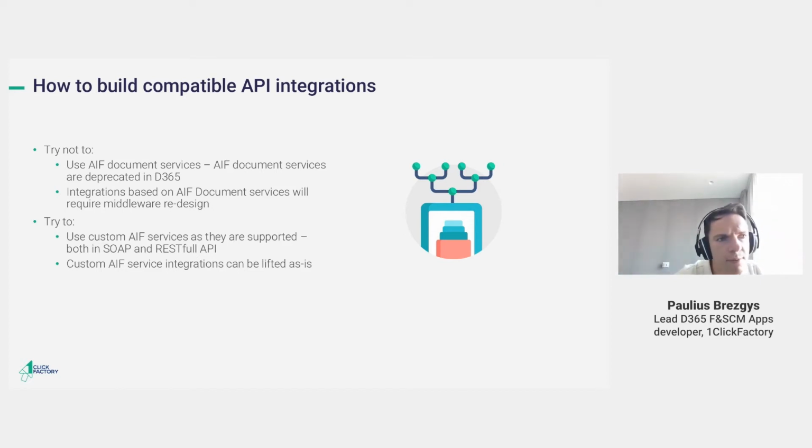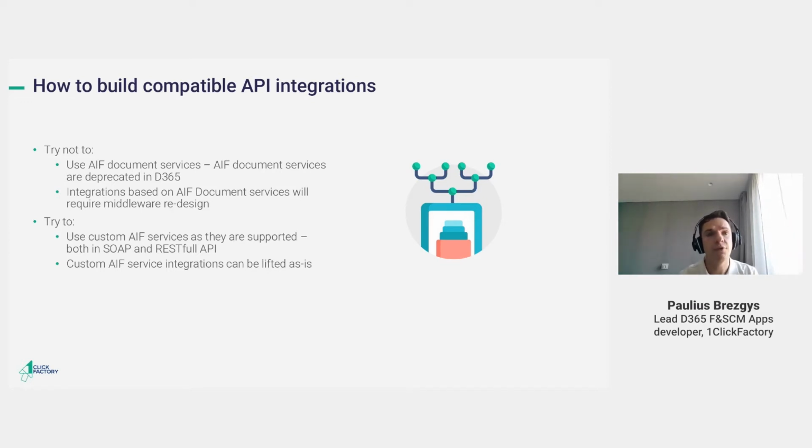So if you have to build an integration right now in AX 2012, that has to be an API integration. You have custom AIF services. Custom AIF services are still perfectly fine with Dynamics 365. They are supported, and basically they can be lifted as is, so copy-paste as is. And in most integration scenarios, custom AIF services are generally better.